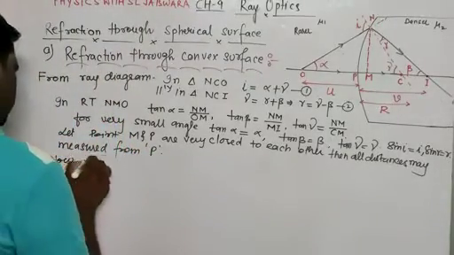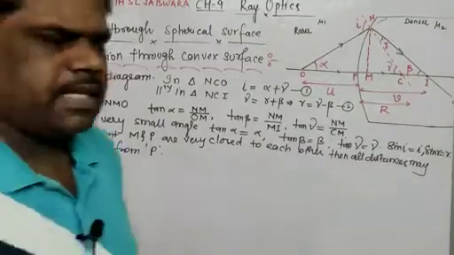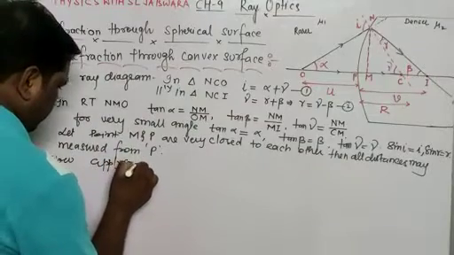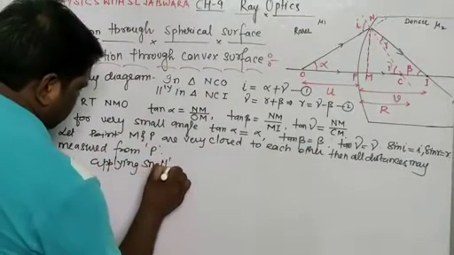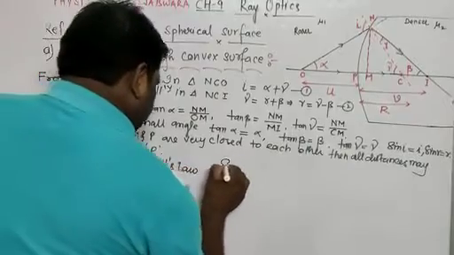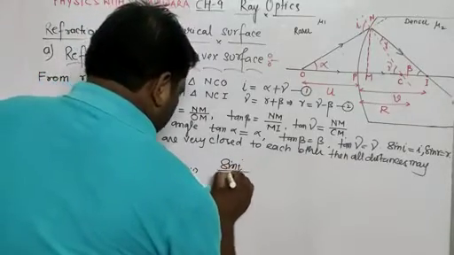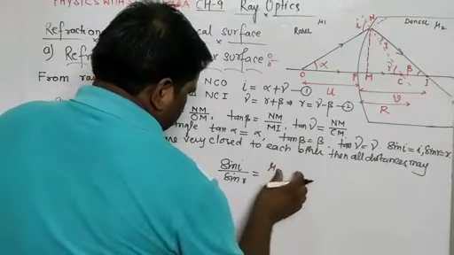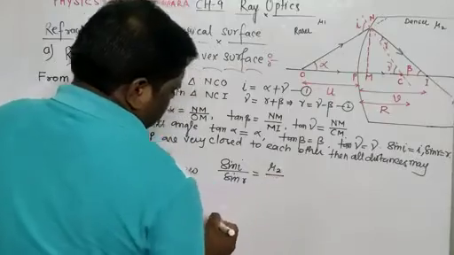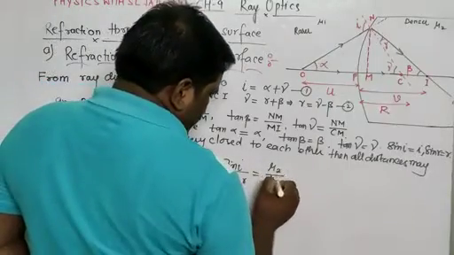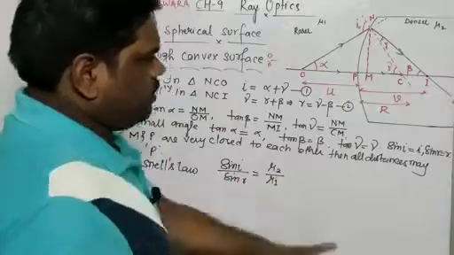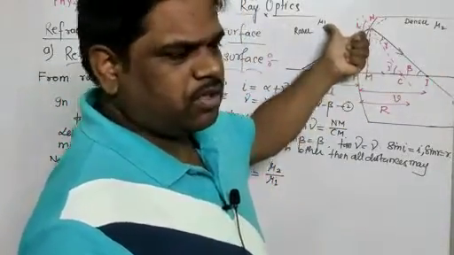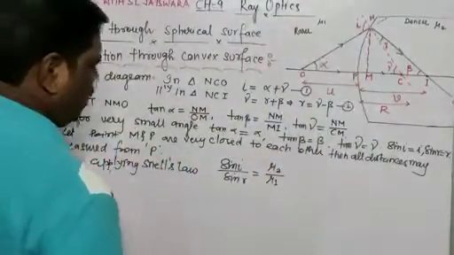Now finally we have to use Snell's law. Applying Snell's law, that is sine of angle of incidence upon sine of angle of refraction is equal to the ratio of refractive index of second medium, mu2, to refractive index of first medium, mu1.